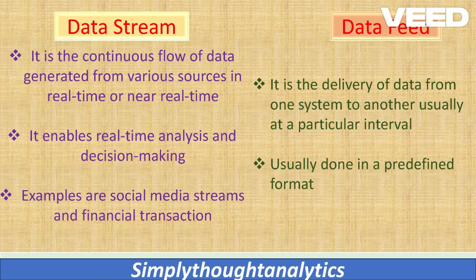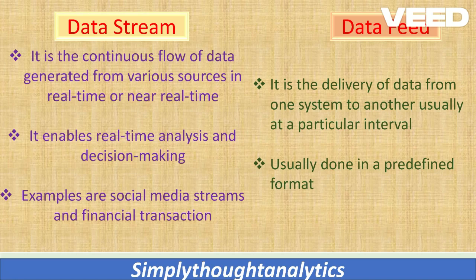So let's look at data feed. A data feed is the delivery of data from one system to another, usually at a particular interval. It looks like a data stream, but it is not continuous. It is usually at intervals, probably a 24-hour interval, 2-day interval, or 12-hour interval, and it is also done in a particular predefined format.